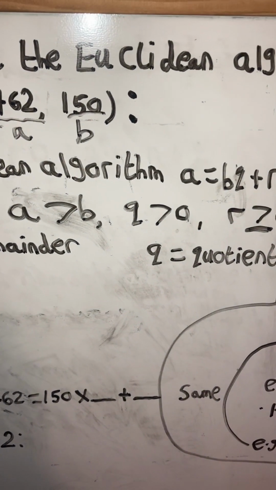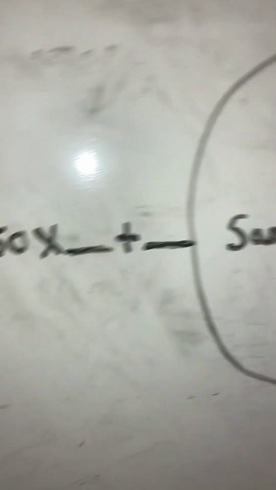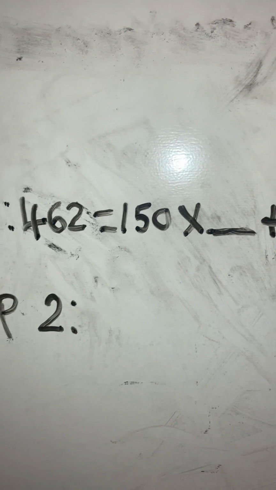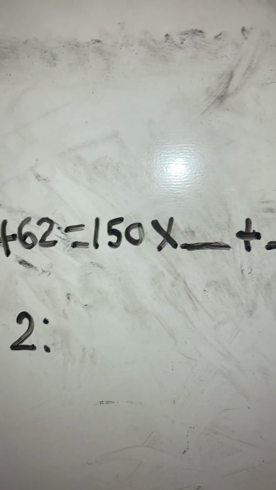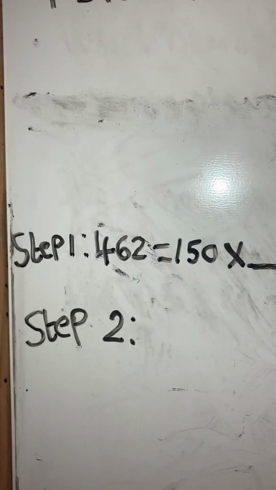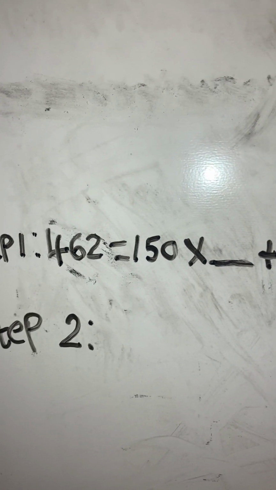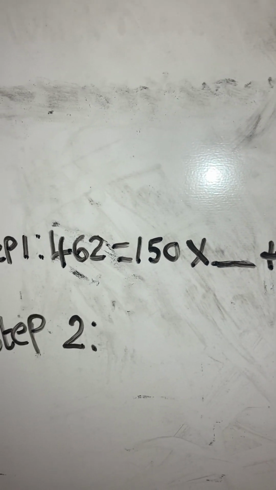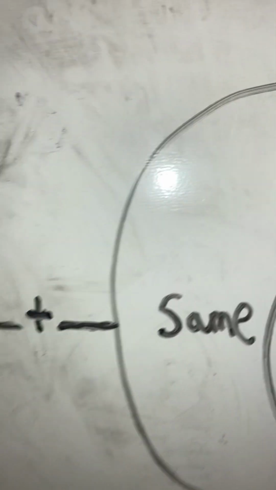You want the remainder to be the smallest possible number, so you can just try some numbers. 150 times 1 is 150. Try the next one up, multiplied by 2, you get 300. Multiplied by 3, you get 450. So we're getting close to the number we want now. If you multiply by 4, you get 600, which is too big. So the number in here has to be a 3.